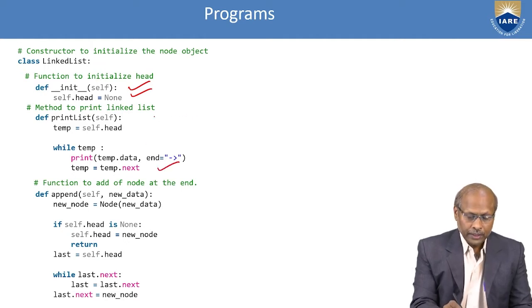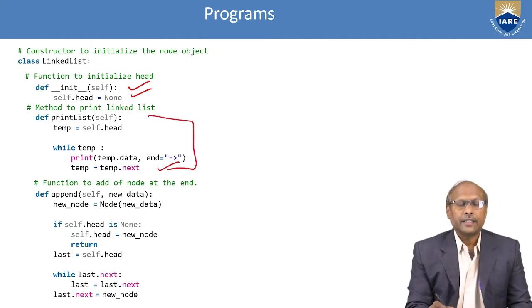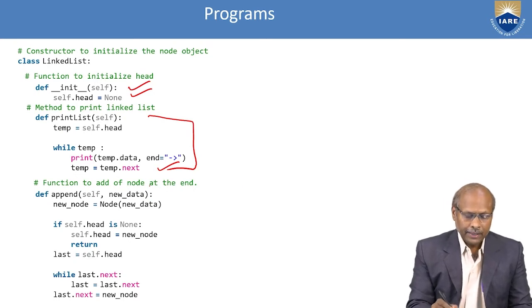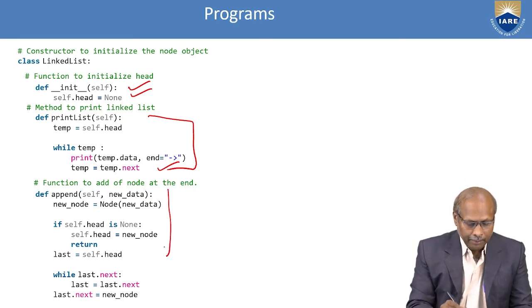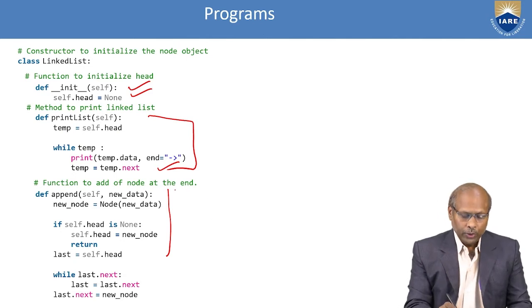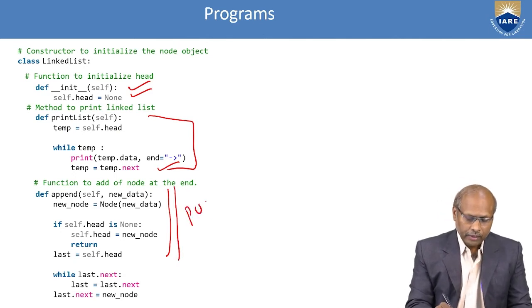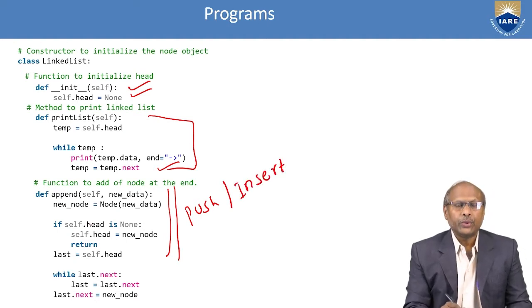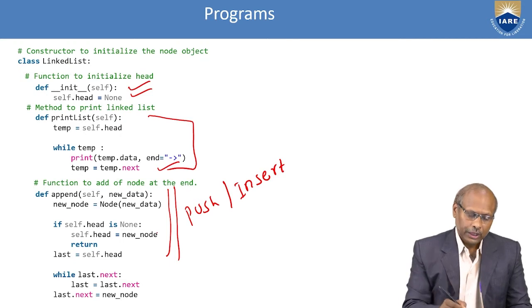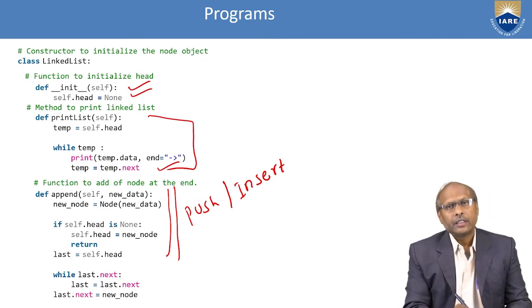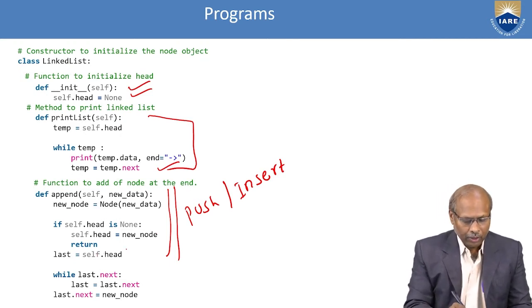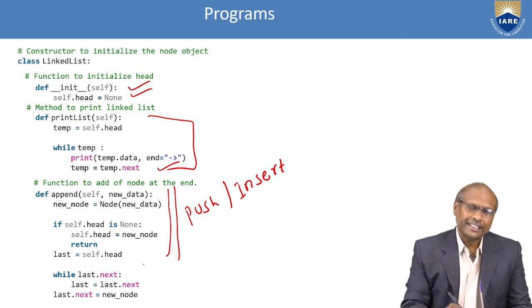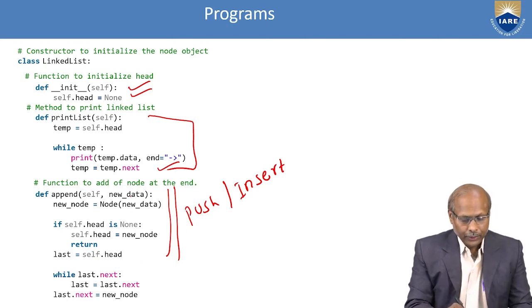This portion displays the linked list information, and this is a special method which allows you to append or push or insert some data, because whenever you want to create a new node for the list and attach it, you can call this append method. This append method can be called to attach to the list, because you are creating data.